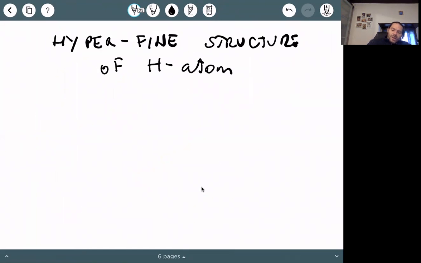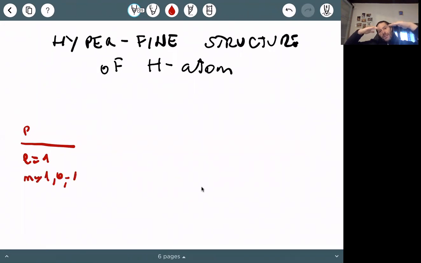Basically what they imply is that, remember, if you have, for instance, a p state, in the p states there are three different m states, because L equal 1 corresponds to m equal 1, 0, and -1. So there are 3 energy levels that are the same, they're completely degenerate.